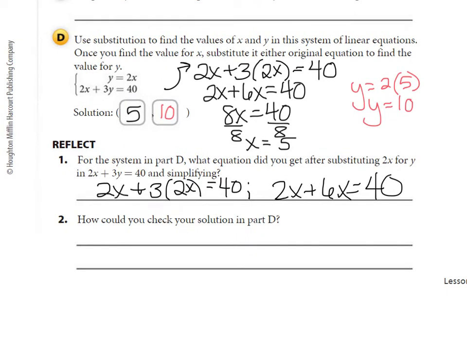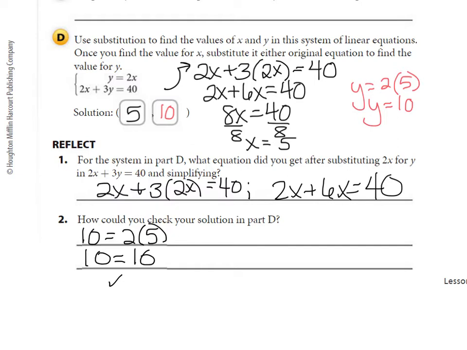To check your solution in part D, you would replace x and y with our solution 5 and 10, not into just one equation, but into both. For the first one, y, which is 10, is that equal to 2 times 5, which is x? Well, 2 times 5 is 10, so that one checks out. But it's not just about one of them working out, it's about both of them.